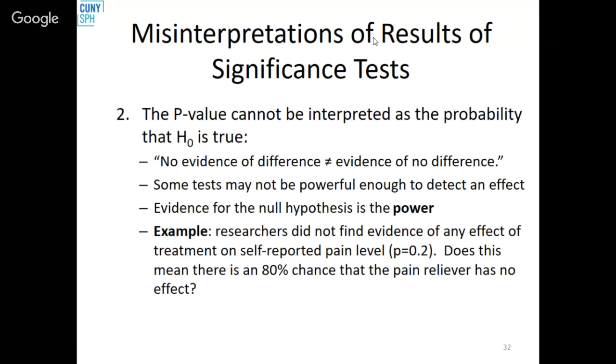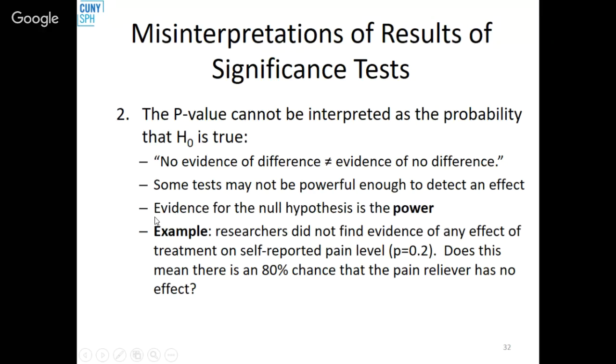A p-value of 0.01 means that if the null hypothesis is true, there's only a 1% chance that you would observe a sample as extreme or more extreme as the one that you observed. Or in other words, it's a probability of your type 1 error, of rejecting the null hypothesis when the null hypothesis is true.